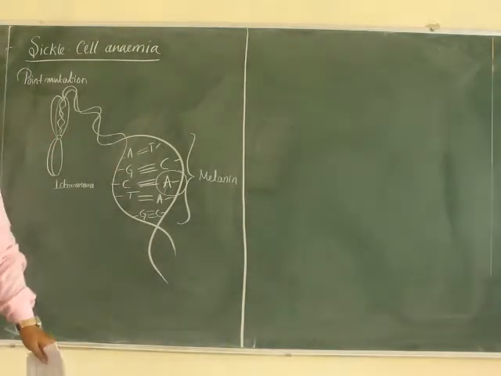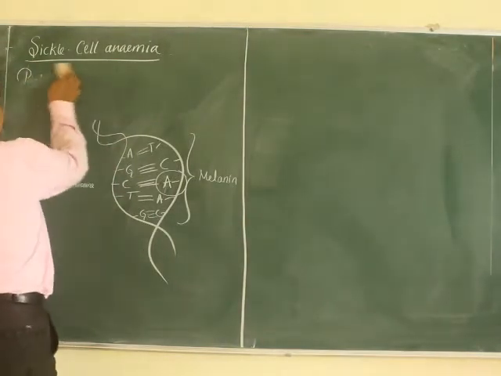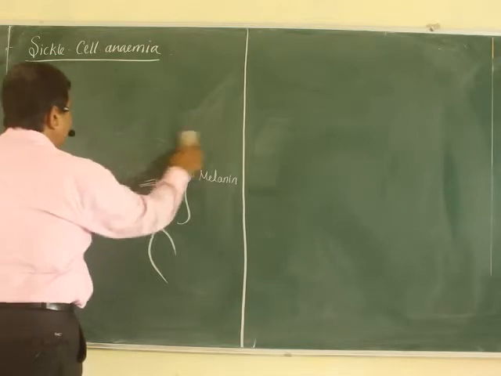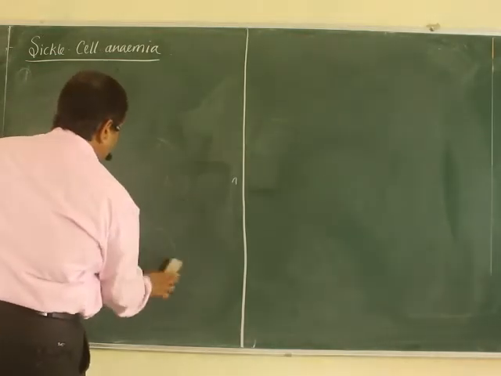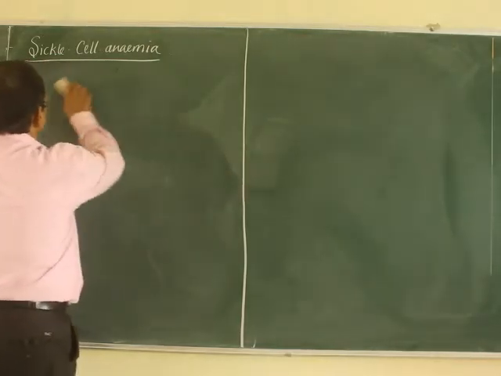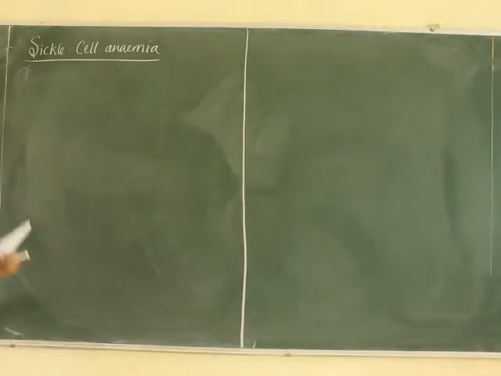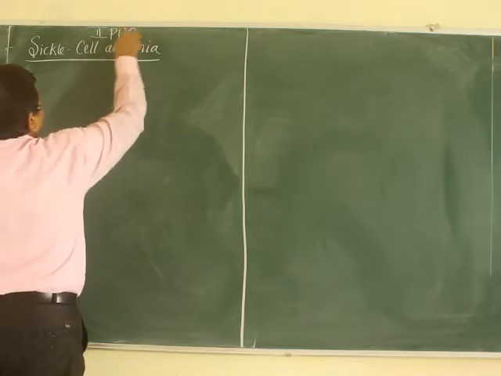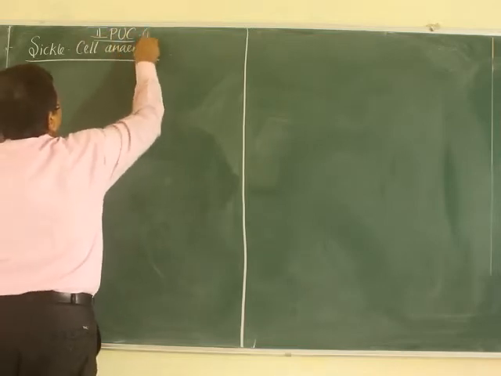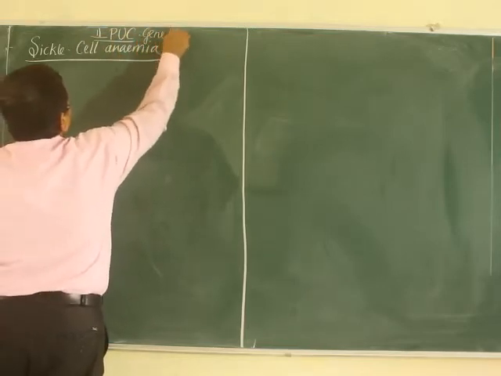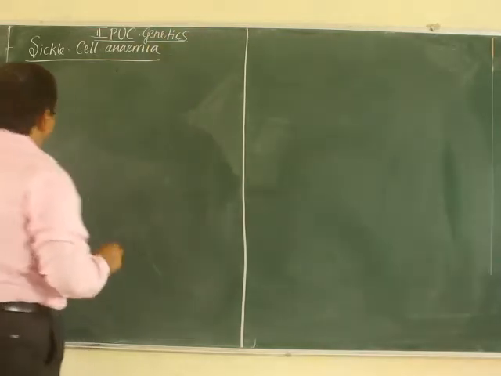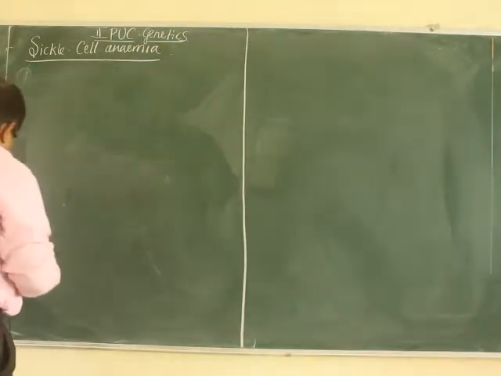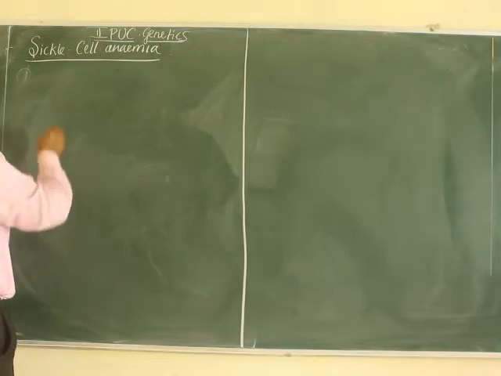So, dear students, I will explain what is sickle cell anemia now. This is an autosome linked recessive disease.